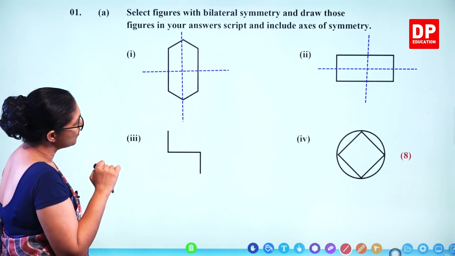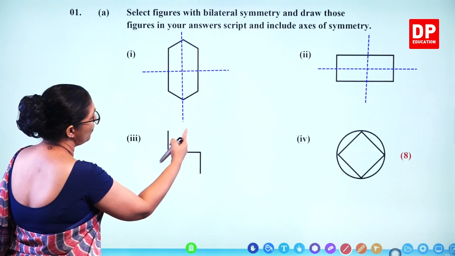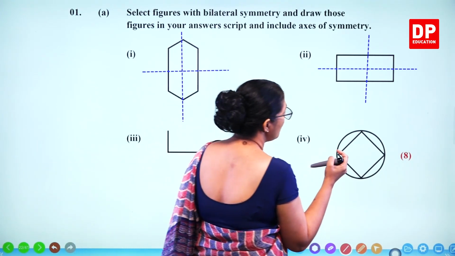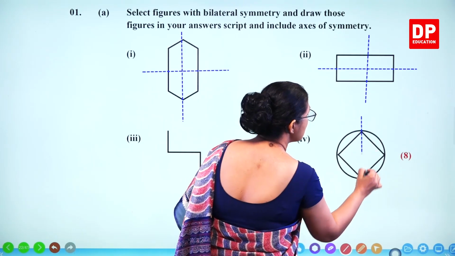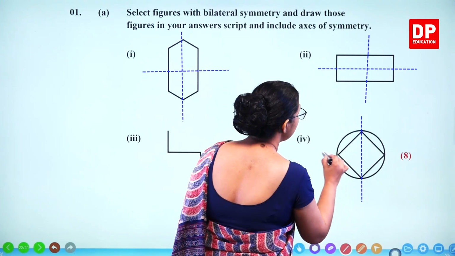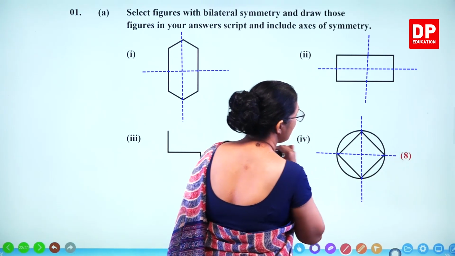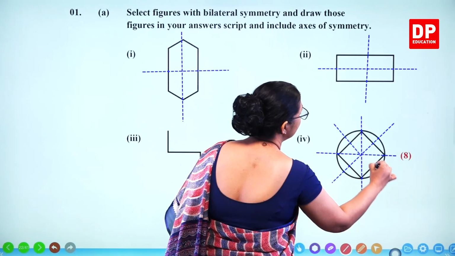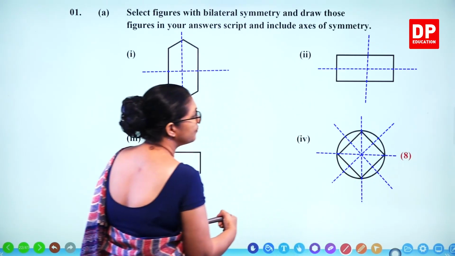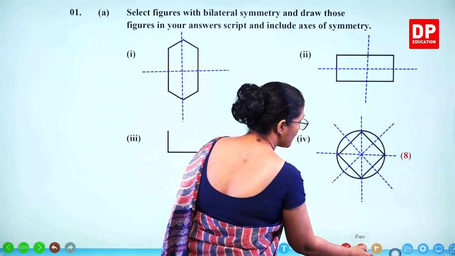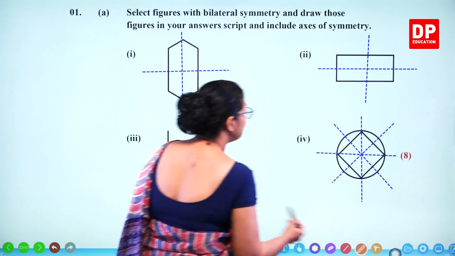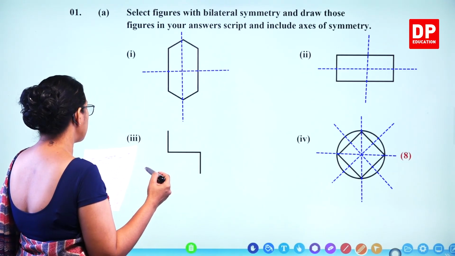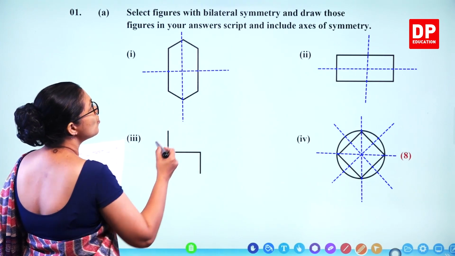Do you get axis of symmetry? No. In this one, you can't get anything. Here you can get. So you can divide like this. Divide like this and seems like a square. So 4 axes of symmetry. So how many marks? So you are getting 2 each.